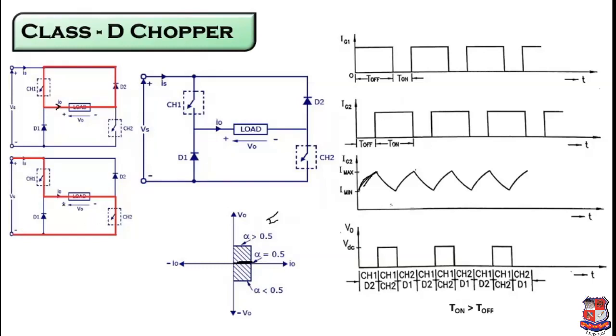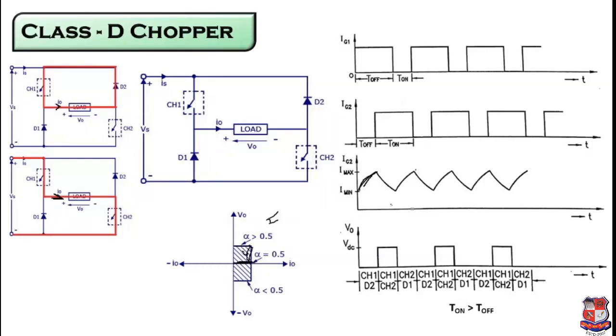So now the output voltage is positive and current flow will be from positive to negative. So the current flow is still in this direction, still positive, but now we get the output voltage to be positive.